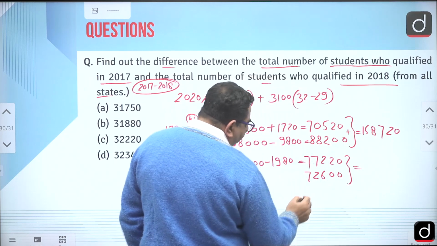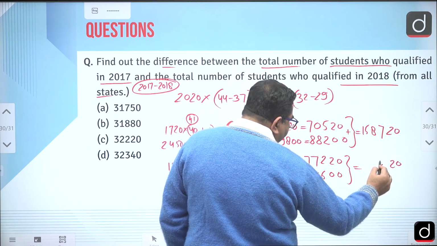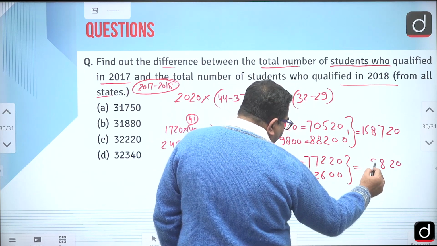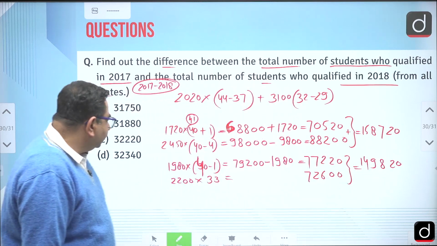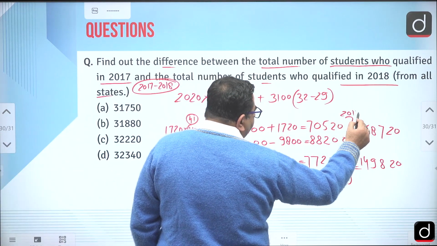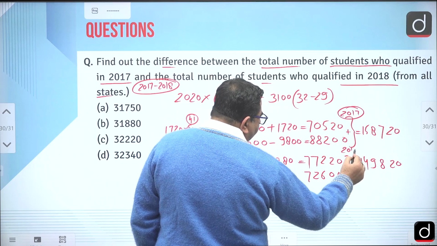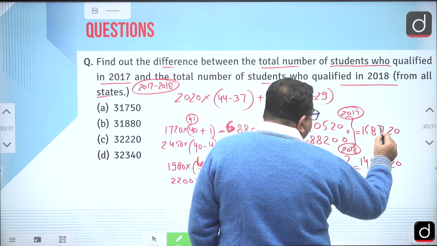Now if we add all of them, this is 20, this is 2 plus 6 is 8, 7 plus 2 is 9, and 7 7 is 14, right? So again I can say the data for 2017, this is 2018, right? So this data is again more than that. So we have to find the difference, right?